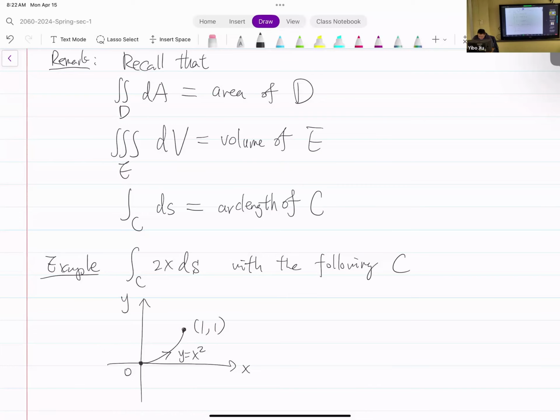After that, it vertically increases all the way to the point, I think this is (1, 2). So this is definitely a continuous curve, but it is not differentiable at the intersection of the two pieces.